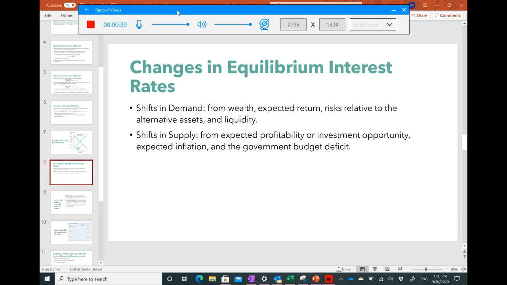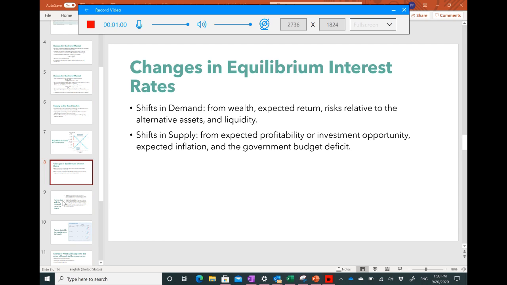The shift in supply comes from expected profitability or investment opportunity. It reflects how companies see the future economy, expected inflation, and the government budget deficit.